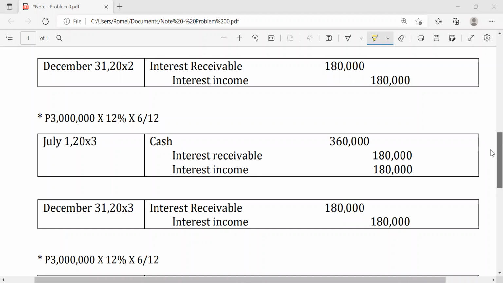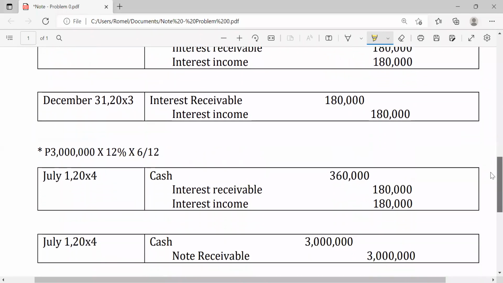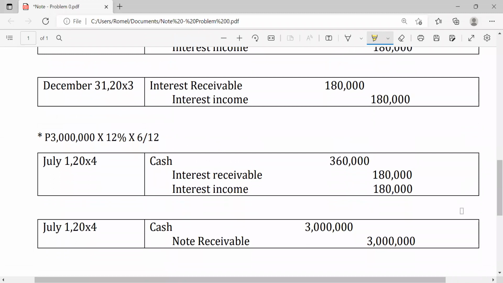And then for July 1, 20x4, there will be 2 journal entries. Number 1 is the collection of the interest. The same journal entry lang. Debit cash 360,000. Credit interest receivable 180,000. And credit interest income 180,000 pesos.